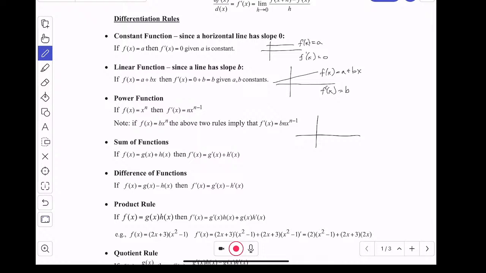So this curve, this is a parabola. It could have a form like this.